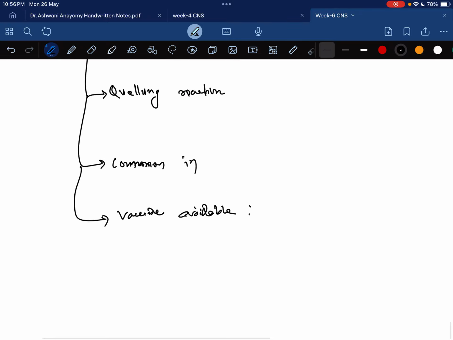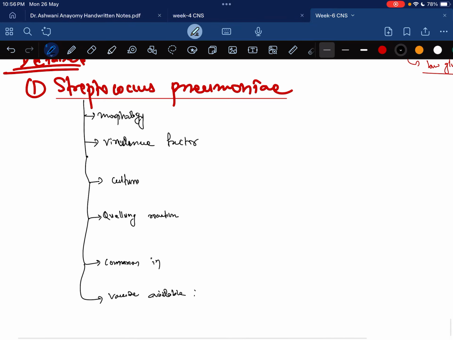These are the highlighted topics, and we discuss every organism based on these topics.